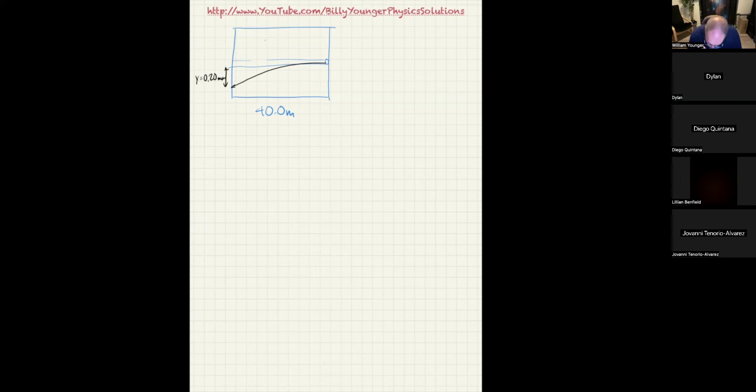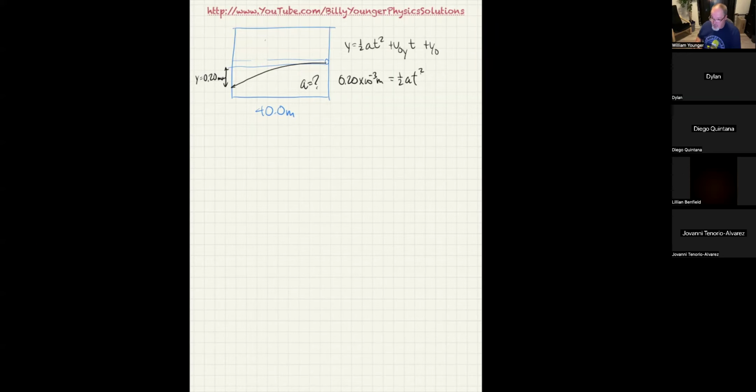If you want to know the acceleration of gravity, that's the actual question here, then from our kinematic equations, y is equal to 1/2 at squared plus v0y t plus y0. So I could set the change in y height, 0.20 times 10 to the negative third meters, equal to 1/2 times a times t squared.